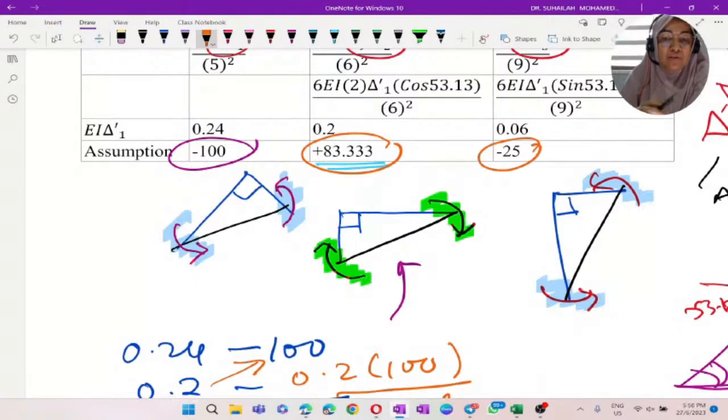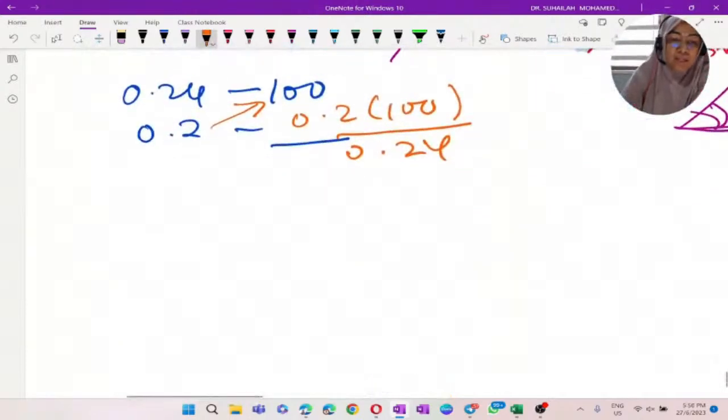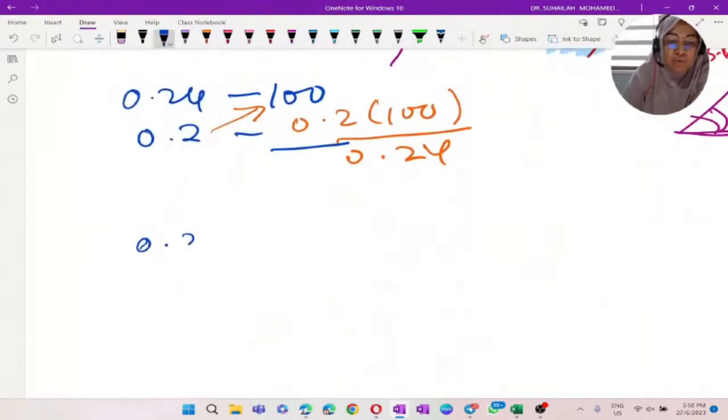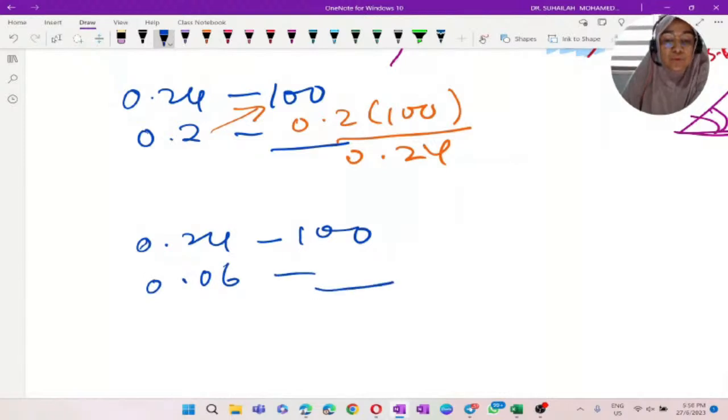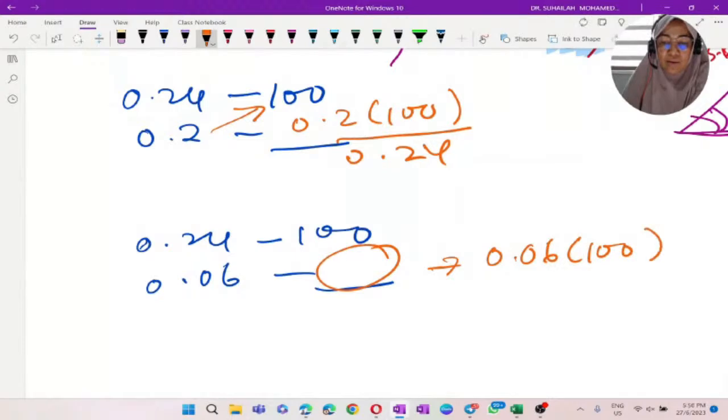To get 25, it is 0.06 divided by 0.24. It is just like this: we have 0.24, which is equivalent to 100. So if we have 0.06, what is the value? It is equal to 0.06 times 100, divided by 0.24.